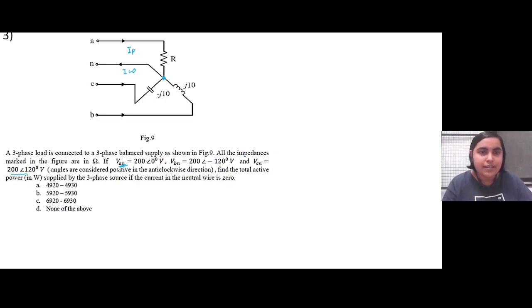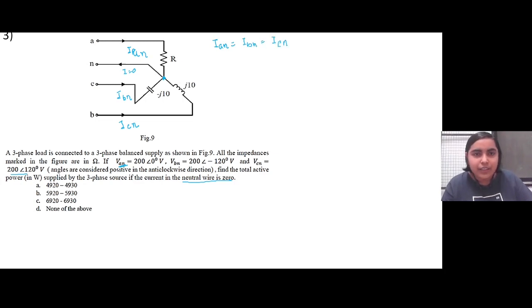Let this be the phase current IAN, let this be IBN, and let this be ICN. Since the neutral wire carries no current, the neutral current is 0.